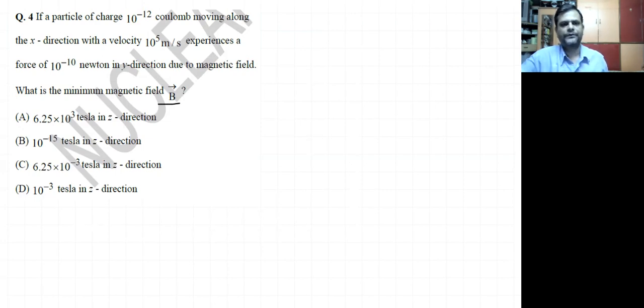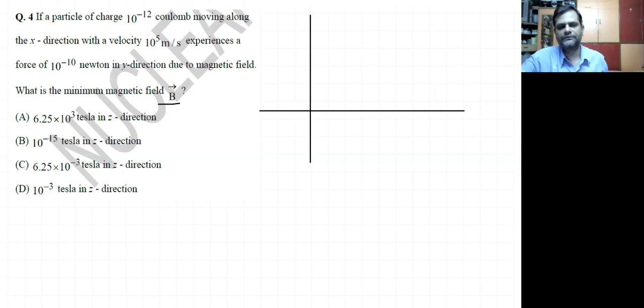Okay, so look, suppose there is an x-axis and a y-axis. This is our x-axis and y-axis. It says that the particle moves in the x direction with some velocity.